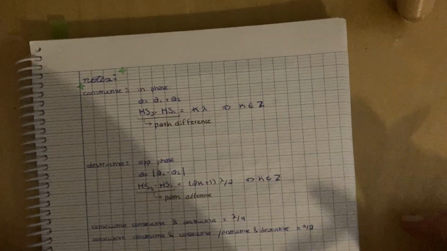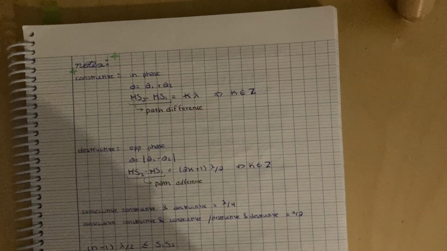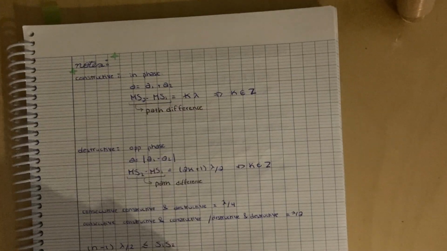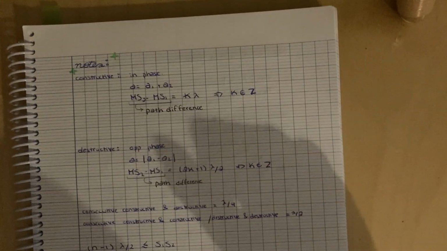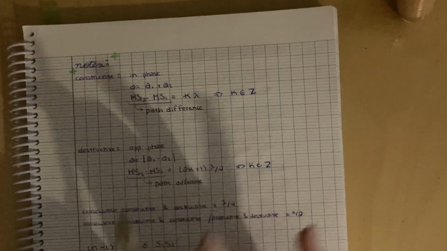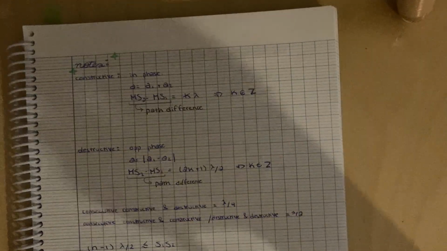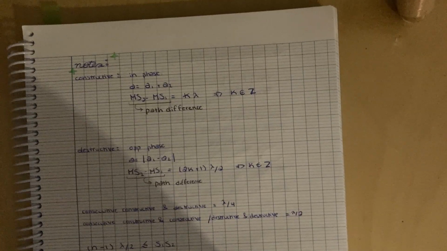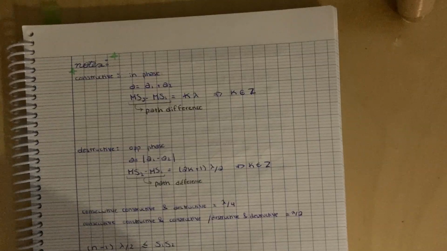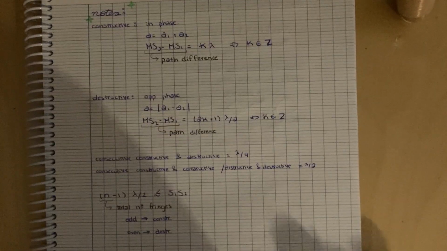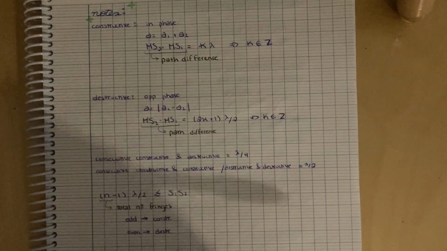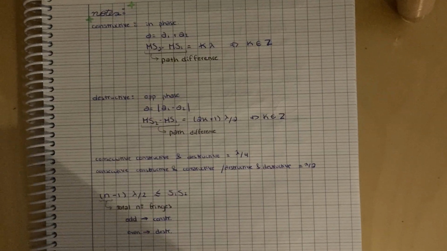So now we can do a quick revision. Constructive waves are in phase. The amplitude is A1 plus A2, and we can find them by using MS2 minus MS1 is equal to k lambda, where k belongs to Z. Destructive waves are in opposite phase, or similar to being in opposite phase.